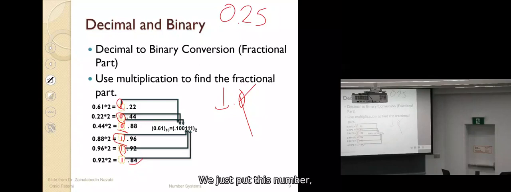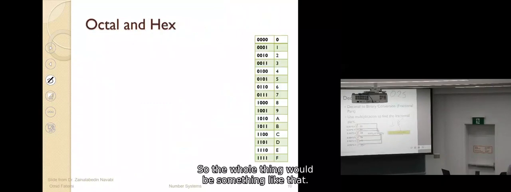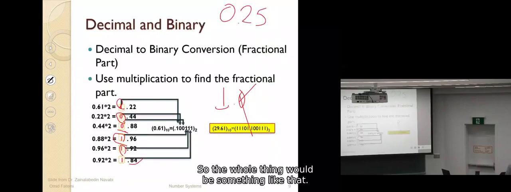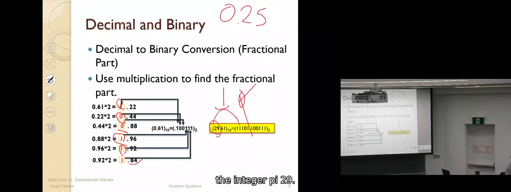We just put this number. We can continue more to have more fraction parts. So this is how to change the decimal to binary. So the whole thing would be something like that. The fraction part, the integer part. The integer part, 29. This 0.61 part is this one.